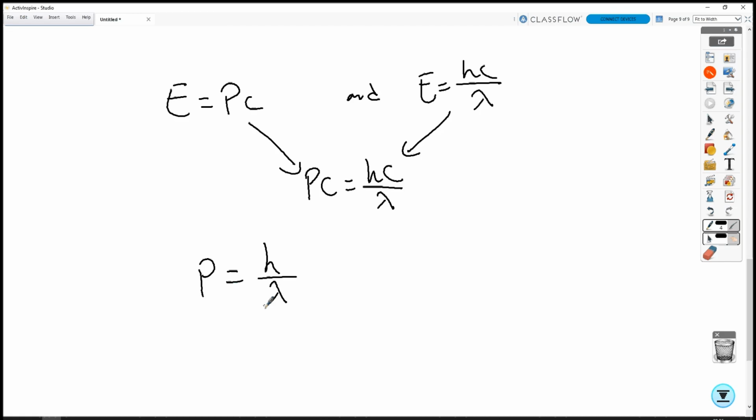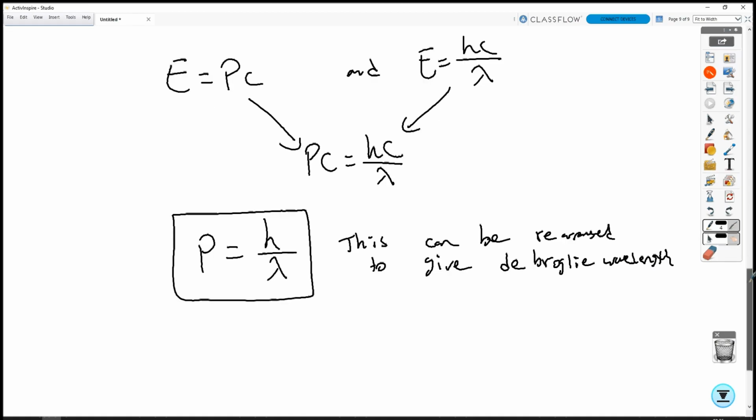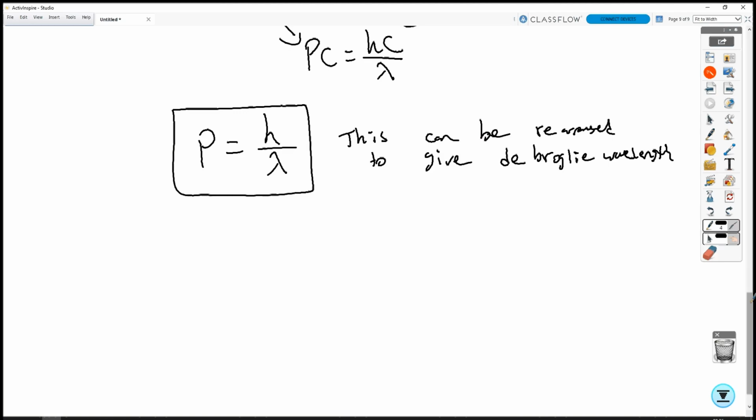That can then be rearranged and it gives us the de Broglie wavelength. So lambda is equal to h over p.